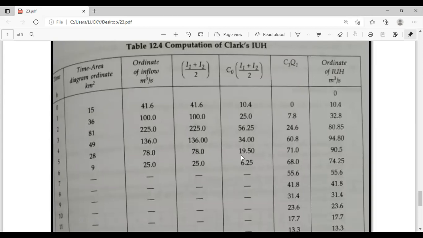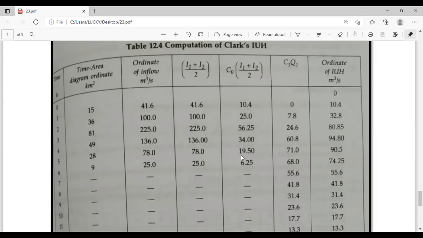I1 plus I2 by 2 is 41.6, 100, 225, 136, 78, 25. Here C naught times I1 plus I2 by 2 is 10.4, 25, 56.25, 34, 19.50, and 6.25.